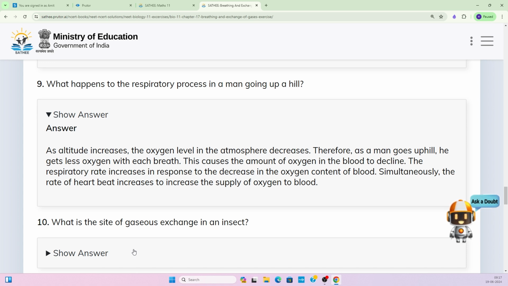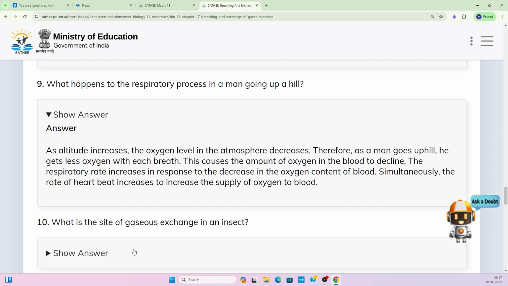The air gets reduced, and oxygen is a part of the air. Therefore, as a man goes uphill, he gets less oxygen with each breath, because less oxygen is present in the atmosphere.